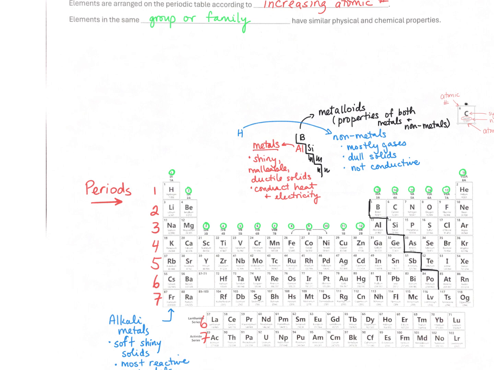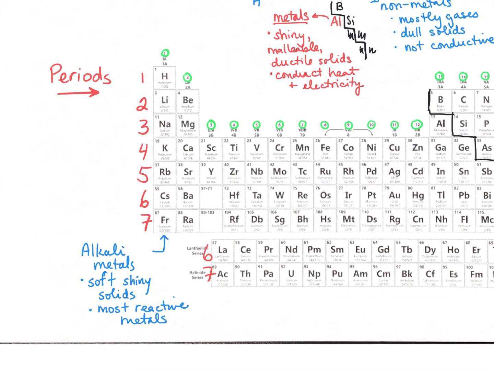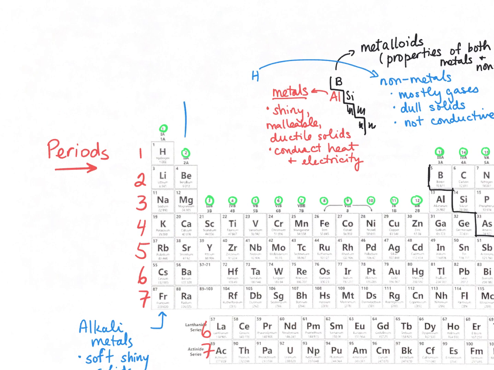Remember, up here we said that elements in the same group or family have similar properties. So there are the alkali metals in group 1. They're all soft, shiny solids, and they are the most reactive metals on the periodic table. Now, what about group 2 here? Group 2 is this family. I'll just write their information over here.